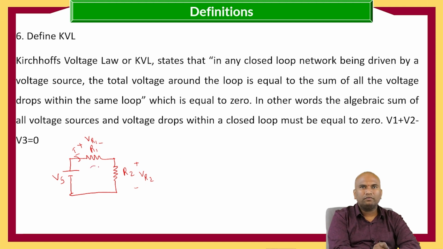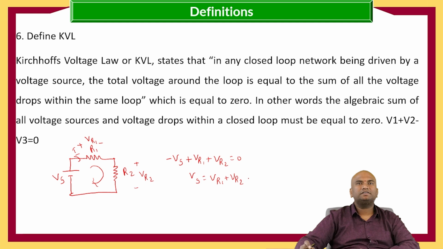So if we apply the KVL, if current enters the negative, that will be written as minus Vs, plus, current is entering the positive, so plus VR1 plus VR2 is equal to 0. That is, Vs is equal to VR1 plus VR2. This is Kirchhoff's voltage law.